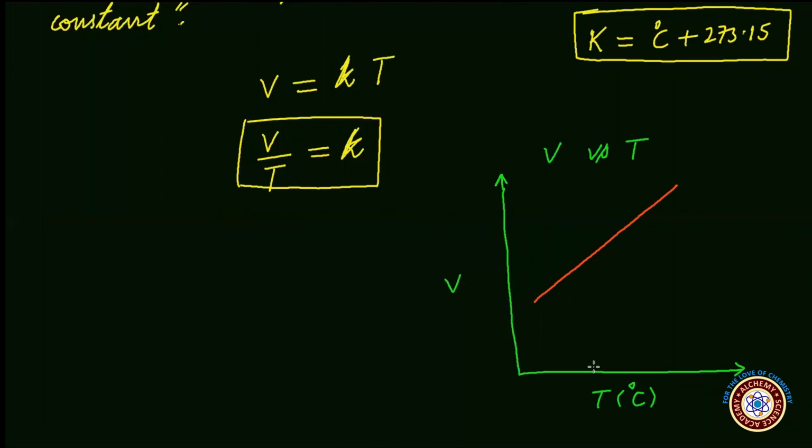For example, let the initial temperature of gas be T1 degree centigrade, and at this temperature and constant pressure the gas was occupying V1 volume. When the gas was heated, temperature increased from T1 to T2, the gas expanded, and at the final temperature the volume of gas was V2. It indicates that increase in temperature increases the volume of gas.